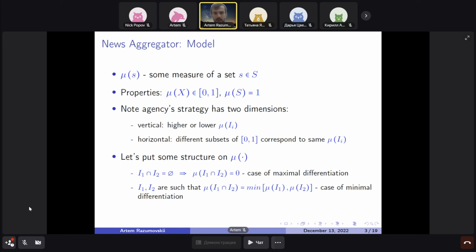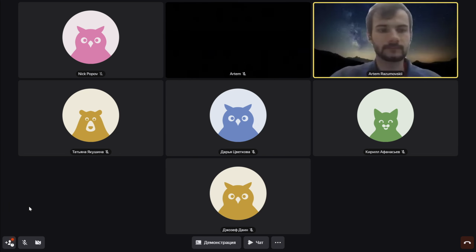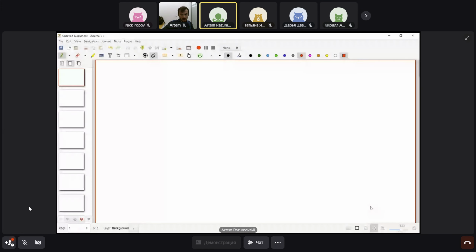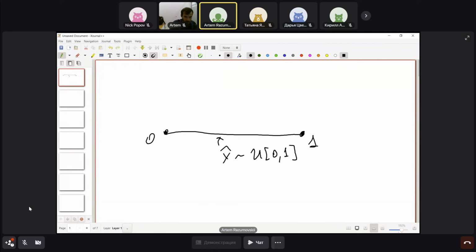So let me briefly show you the picture. Firstly, we have an interval of preferences, with consumers distributed uniformly, who like agency 1 and agency 2.